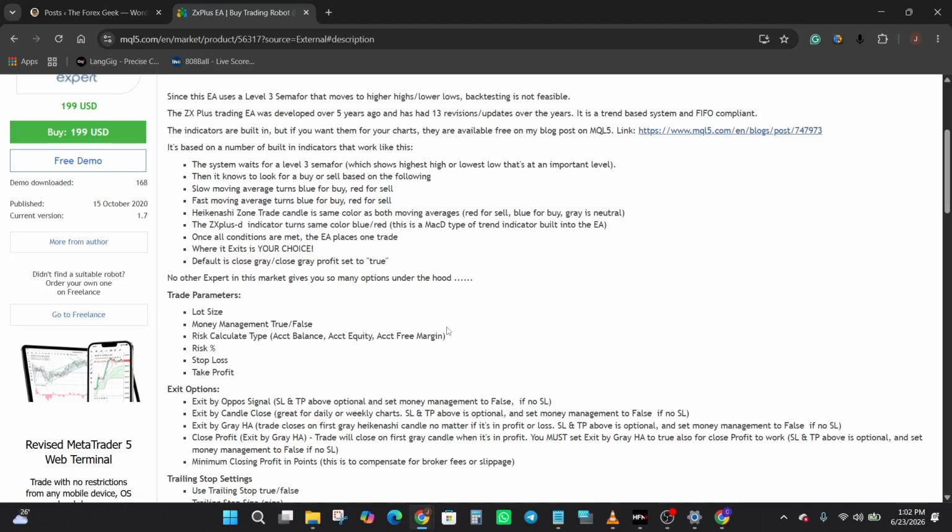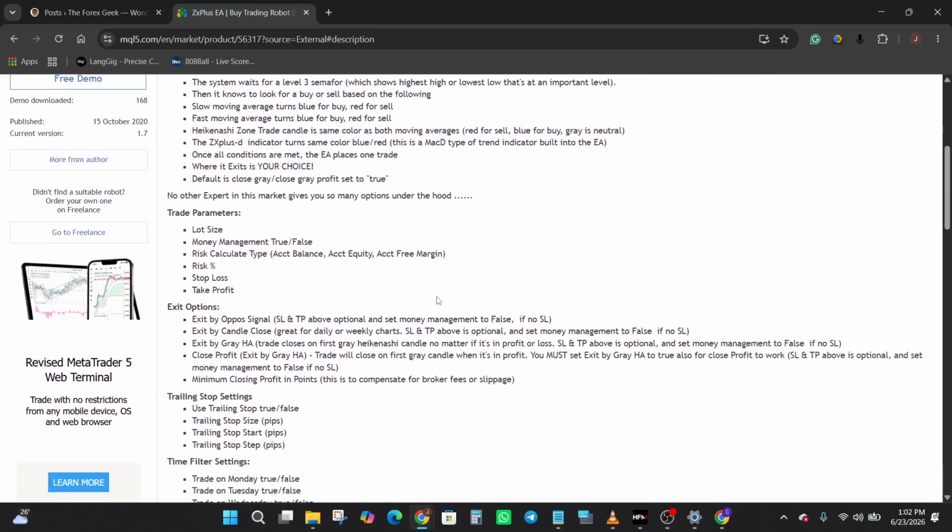Now, moving into the settings section, there are several risk management controls available. Users can configure lot size manually or enable money management. Risk calculations can be based on account balance, account equity, or free margin, along with a customizable risk percentage.